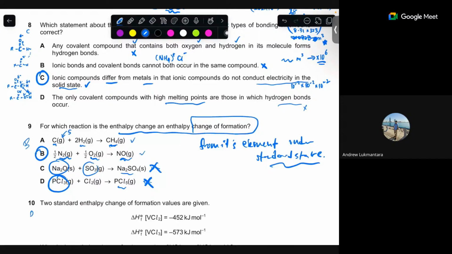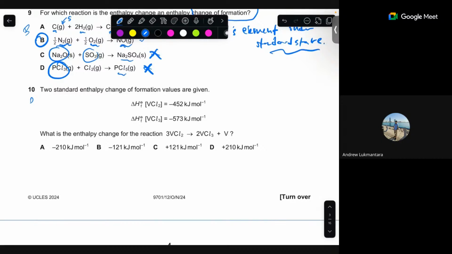Okay, let's move on. Standard enthalpy change of formation. The moment you see formation, please use my method of the arrow. So 3VCl2 goes to 2VCl3 plus V. For formation, the arrow will go here, and the circle will be in the middle.